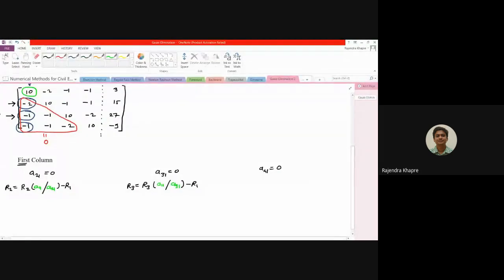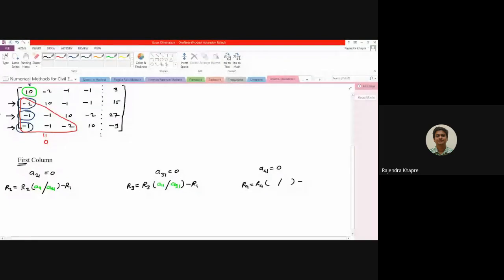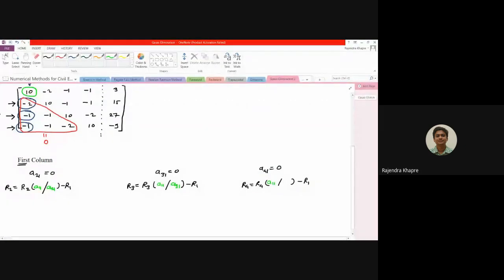Similarly for the fourth row, the operation will be r4 equals r4 into some factor minus r1. The diagonal in the first column will be a11, divided by a41. This is the simplest way to understand this.